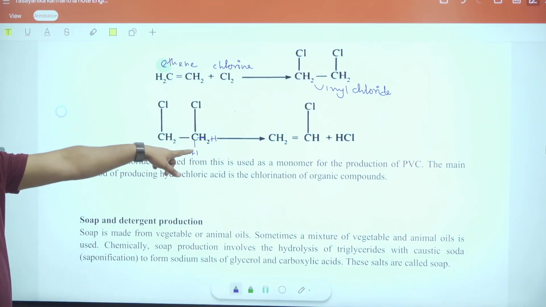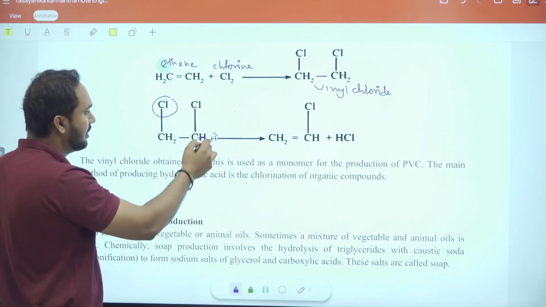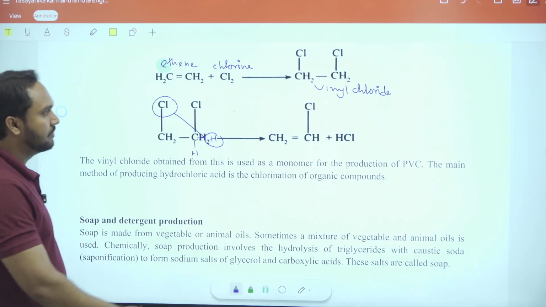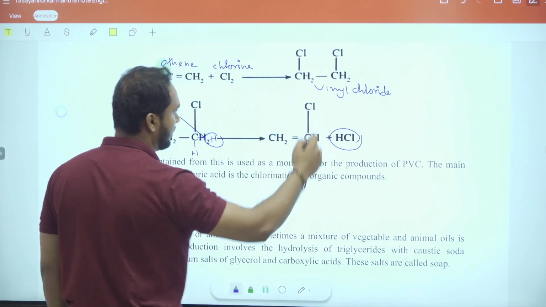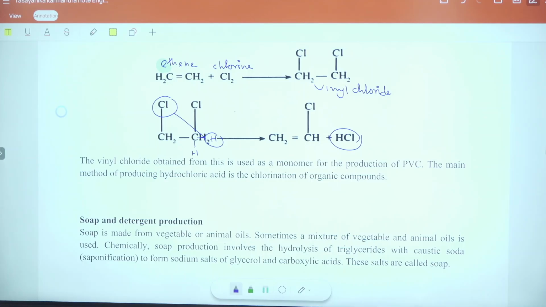One of these hydrogen atoms and a chlorine get together and form HCl. So, that is what happens here.